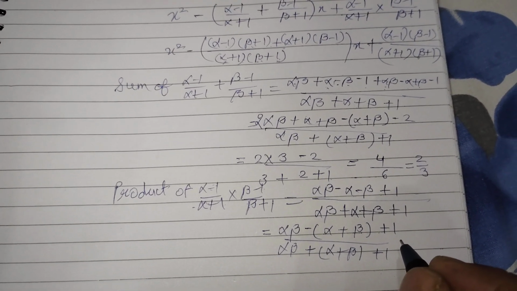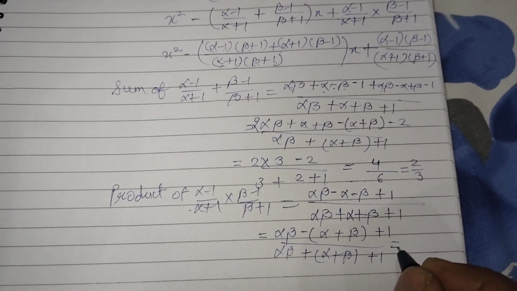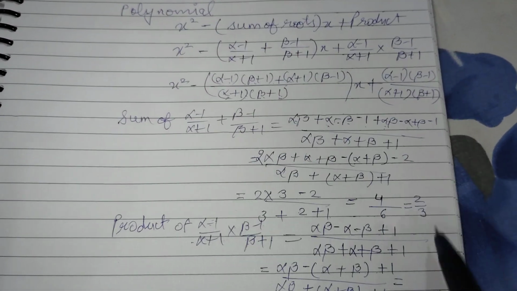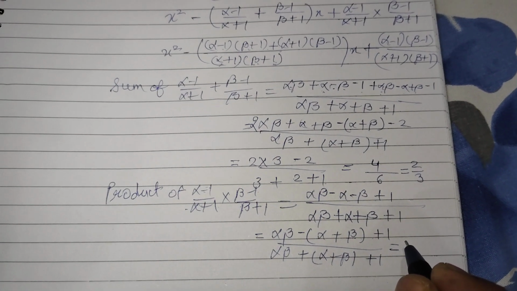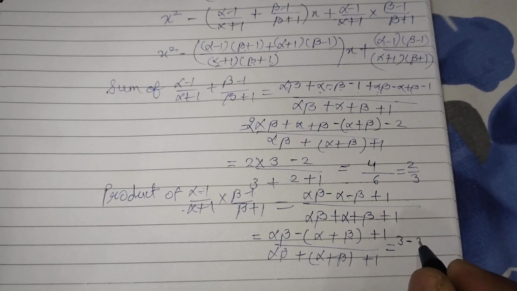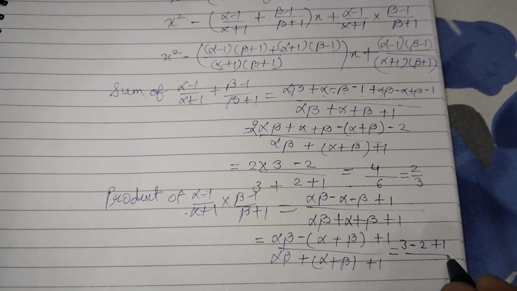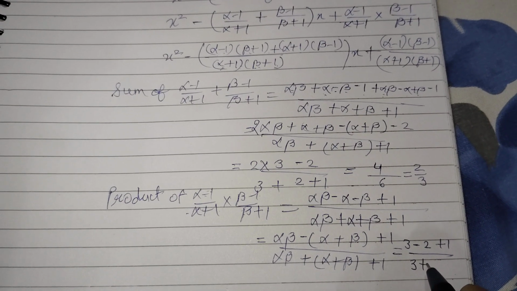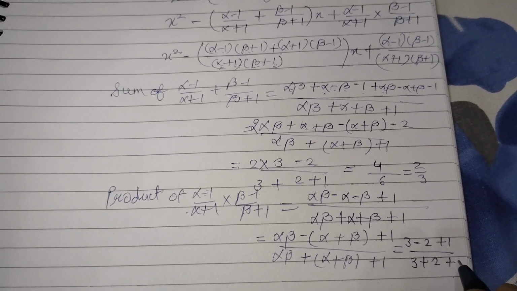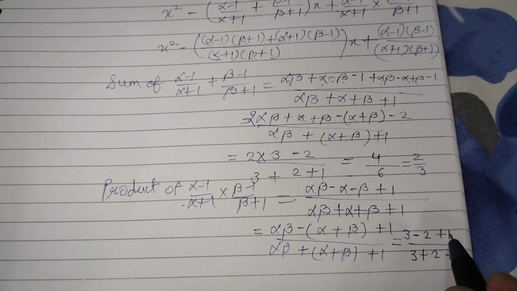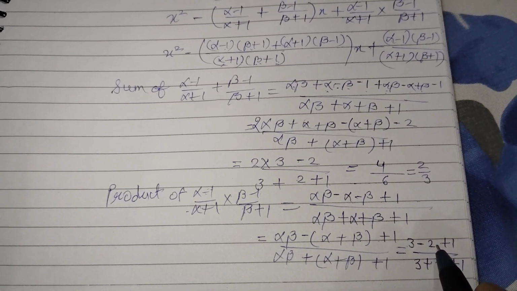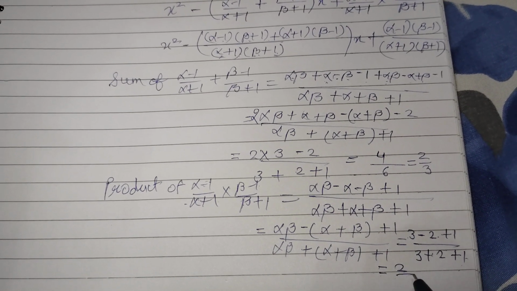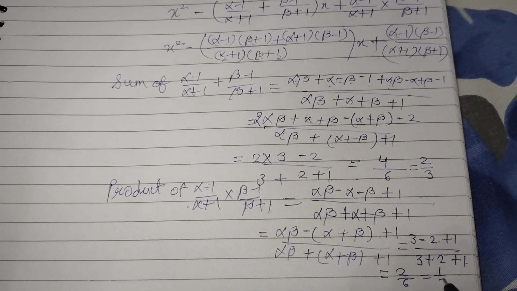Replacing the values, alpha beta is 3 and alpha plus beta is 2: the numerator is 3 minus 2 plus 1, which is 2, and the denominator is 3 plus 2 plus 1, which is 6. So 2 by 6 means 1 by 3.